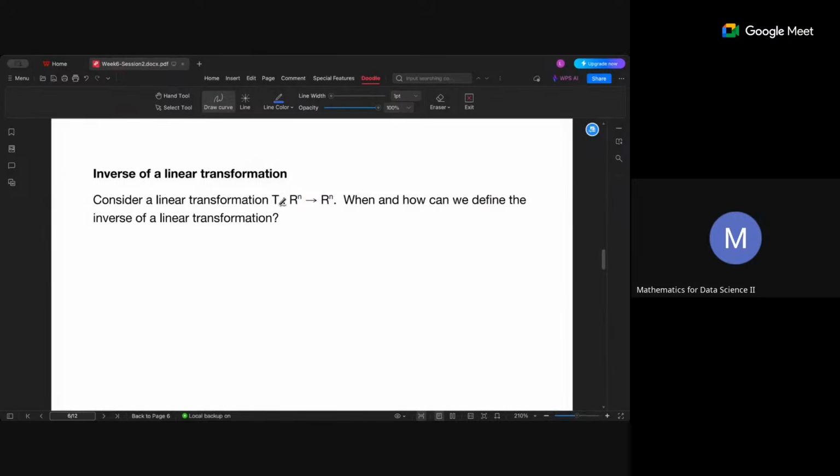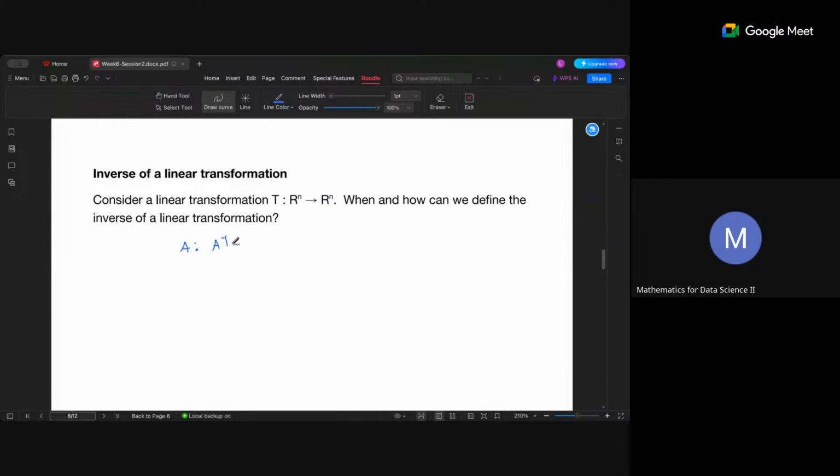Now, consider a linear transformation T from Rn into Rn. When and how can we define the inverse of a linear transformation? So, before answering this question, tell me about when can we define the inverse of a matrix. From there, we will come back here. When the determinant is not equal to 0. Yes.